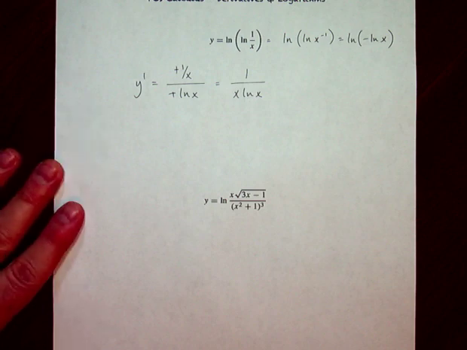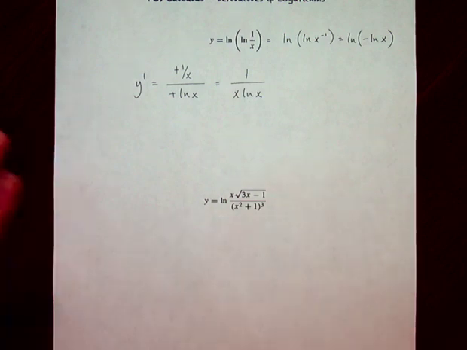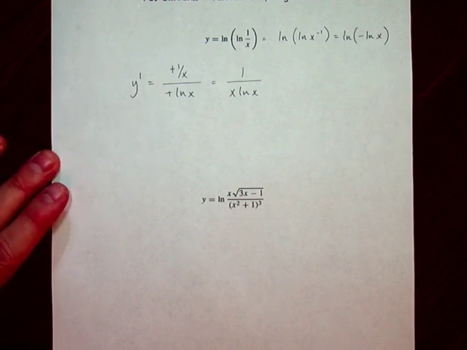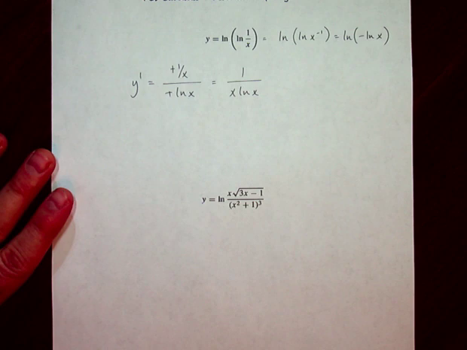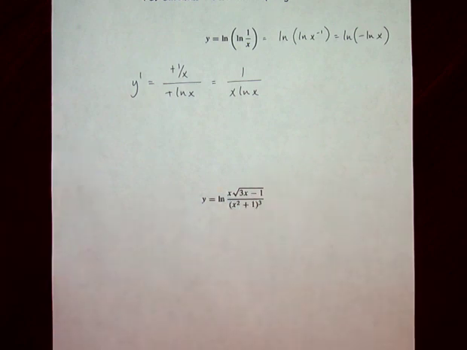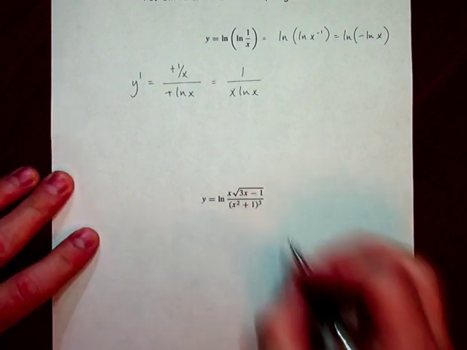Now, this one right here is one of those ones where you're going to want to pull it apart. There are three factors that are not capable of being combined, and therefore that's why they're still sitting there independently.